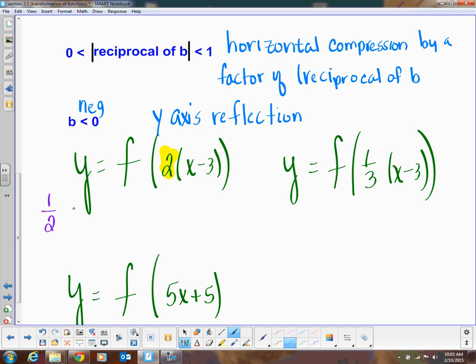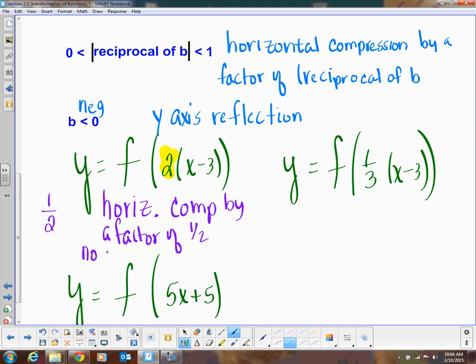So we're looking at 1/2. 1/2 is between 0 and 1, meaning it is a horizontal compression by a factor of what? Factor of 1/2. When we get to x, everything is like backwards. Now, is there a reflection? No reflection, because 2 was positive.